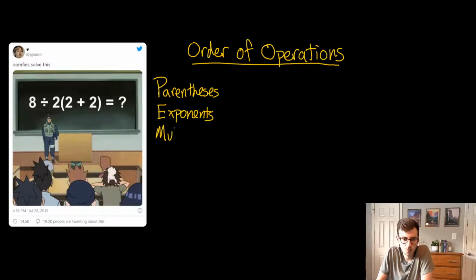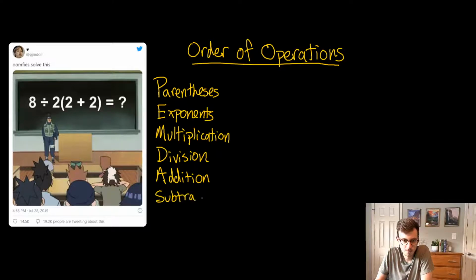M is for multiplication. D is for division. A is for addition. And S is for subtraction. That's the order that we do our operations in.